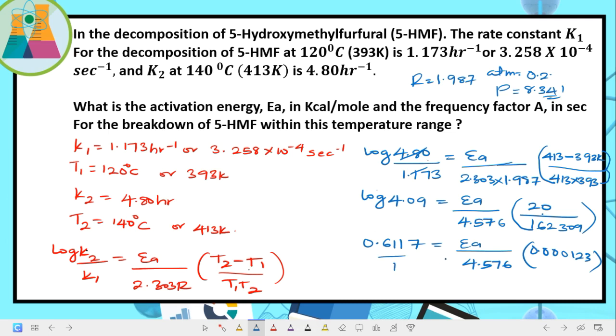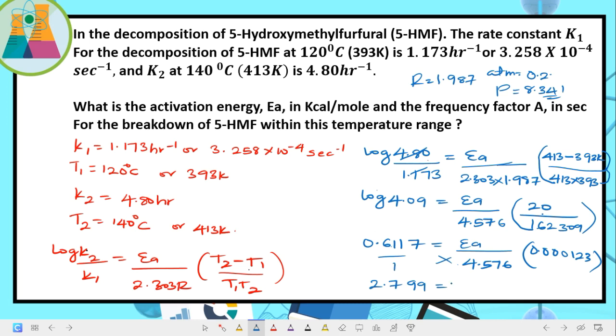We can cross multiply. Let this multiply this, so we have 0.617 times 4.576. That will give us, I use this to multiply this, please take notes, that will give us 2.799 is equal to, then use this to multiply this.